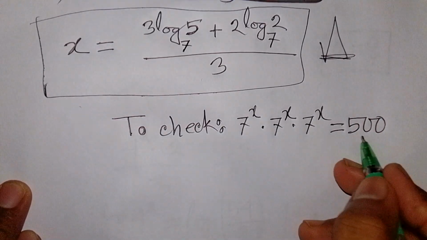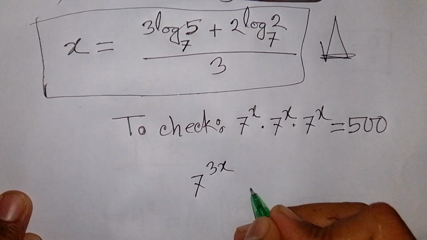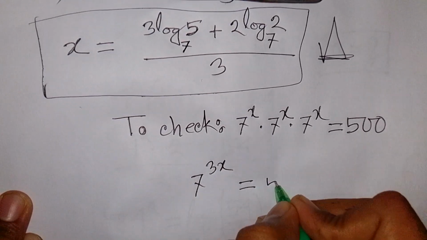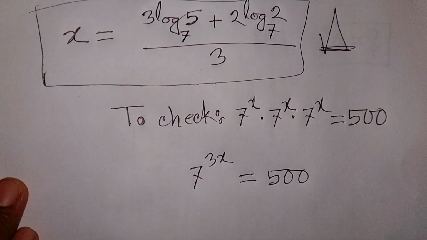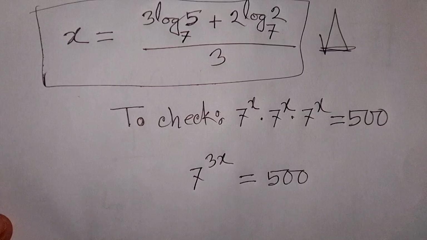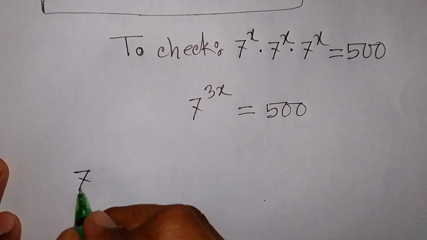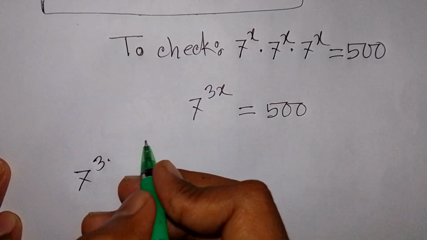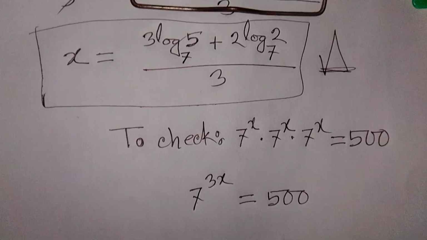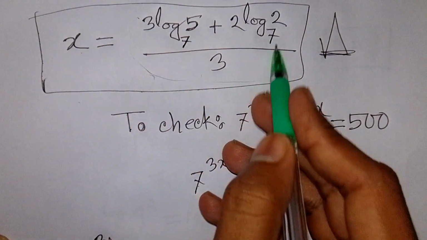So this equation can be written as 7^(3x) is equal to 500. Now we have 7 to the power of 3 times x, and the value of x is this.